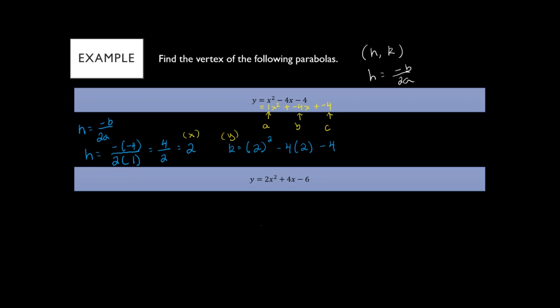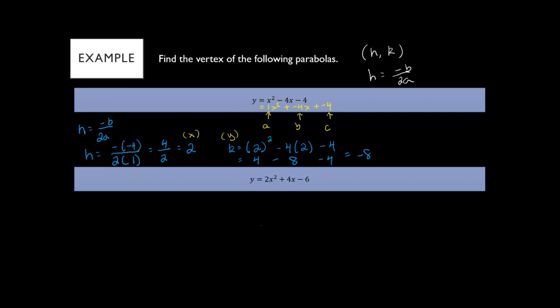Then you follow the order of operations to simplify this. So 2 squared is 4. We have a minus 4 times 2, which is 8, and then a minus 4. You can just put this all on your calculator going left to right. 4 minus 8, and then minus 4 again, and you're going to get negative 8.